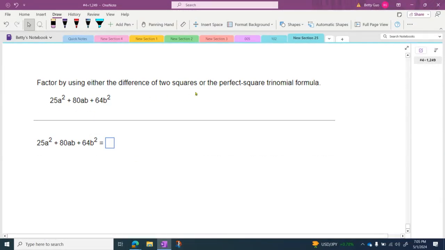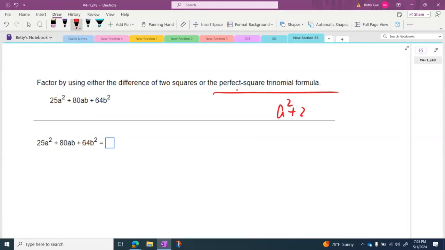And this one says use the formula, and you're going to use the formula. All right, we don't have to check the middle term. I promise you this is going to be a perfect square trinomial. The formula we're going to apply is the same as in the previous problem.